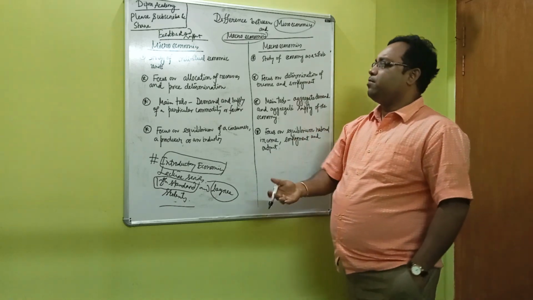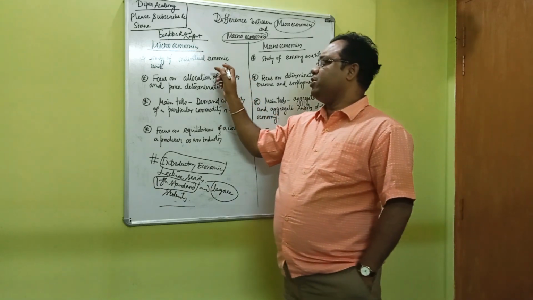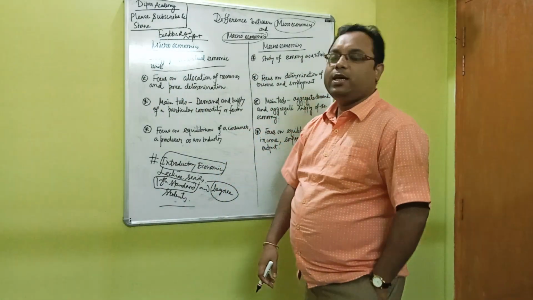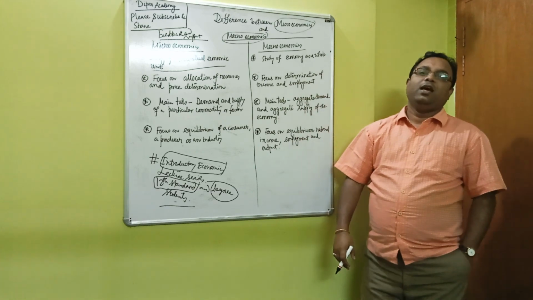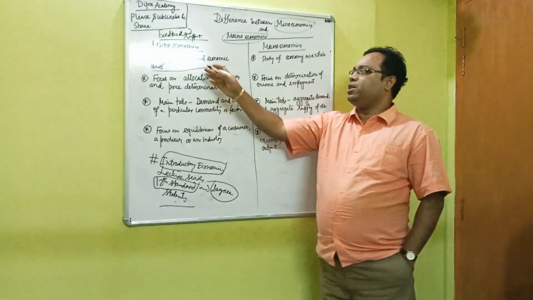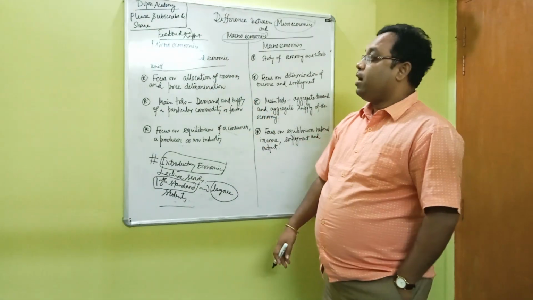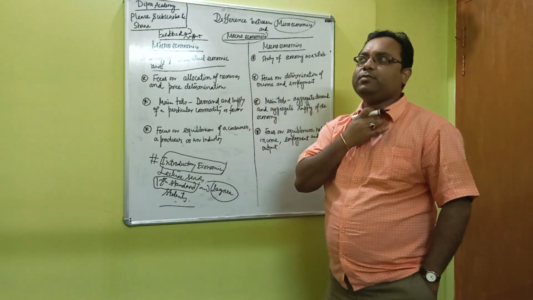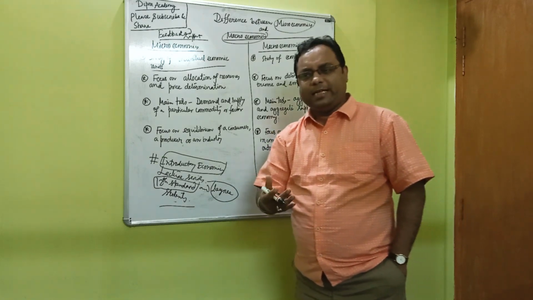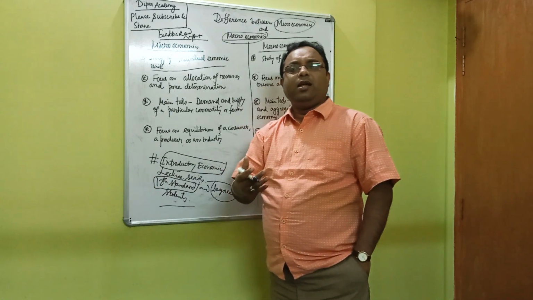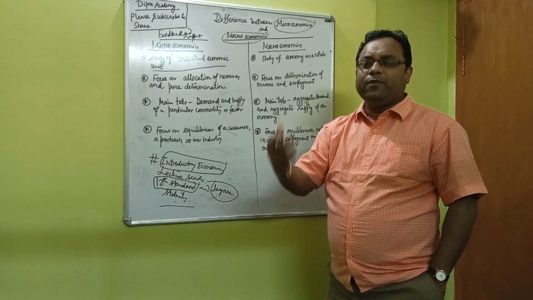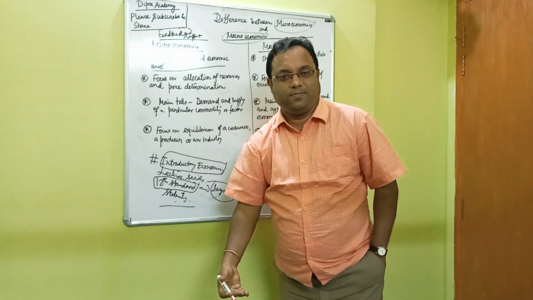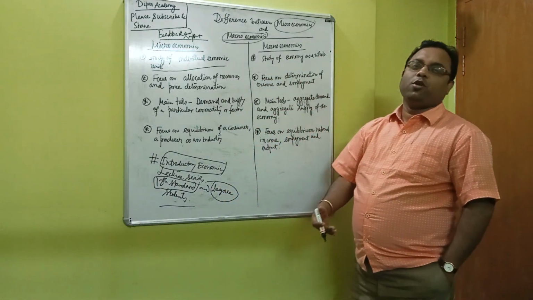As we know, microeconomics is the study of individual economic units, like an individual consumer, individual producer, individual farm, individual industry. What are economic units or economic agents? They are the individuals or organizations who take economic decisions.